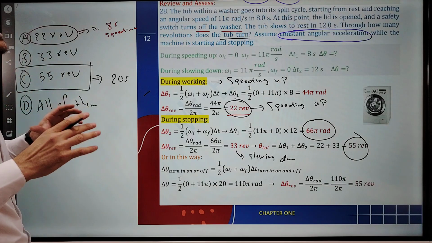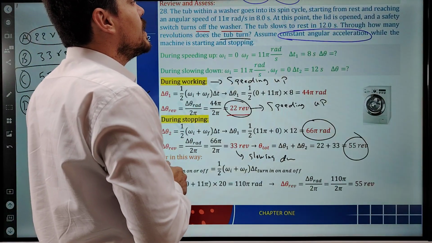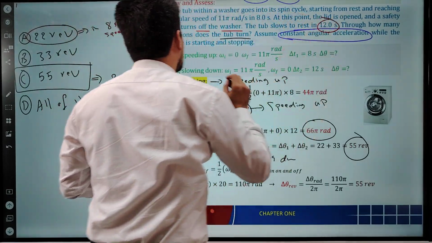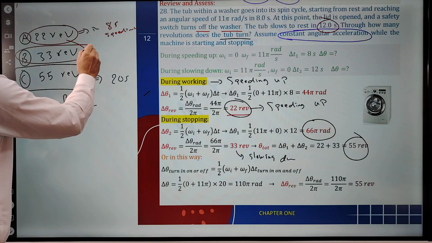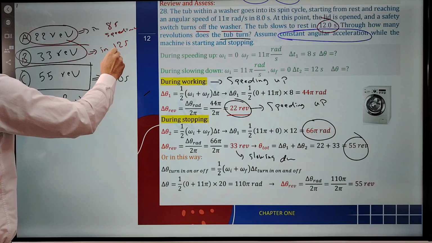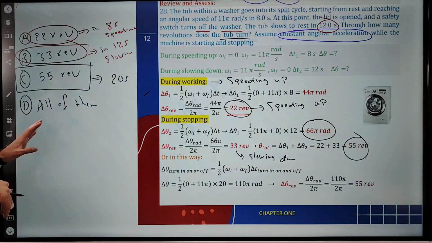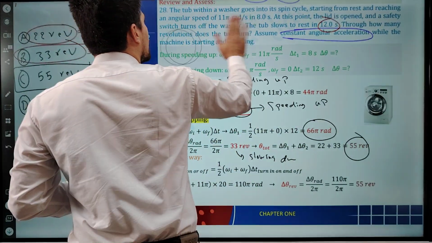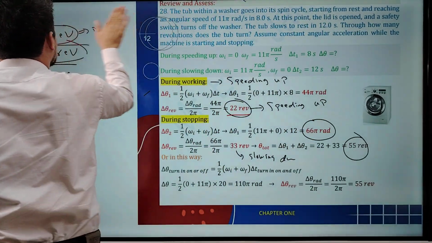But if the question says, through how many revolutions does the top turn during slowing down or in 12 seconds, in 12 seconds you have to select 33 revolutions, which is the case of slowing down. So be careful. This is a very good question, and it has been brought in the midterm exam, and it is also expected to come again.